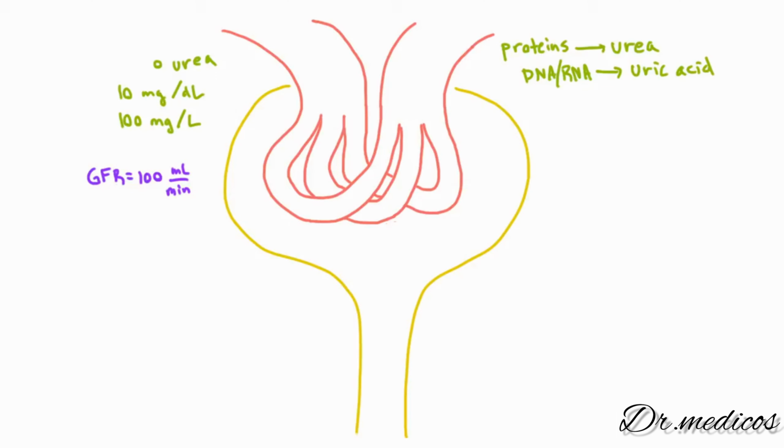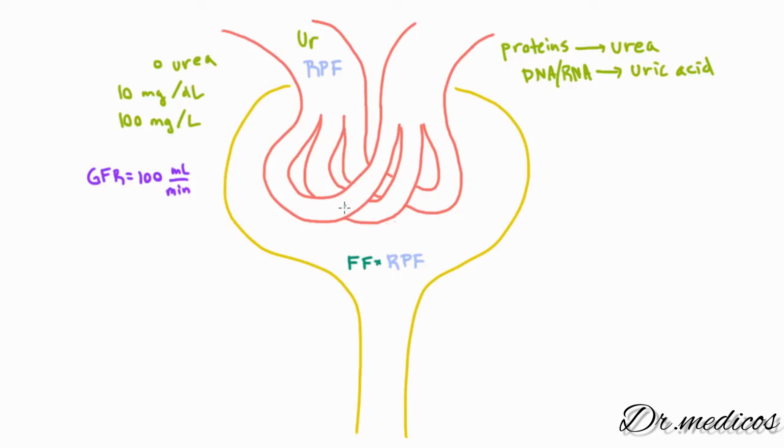And this ends up actually being quite easy to calculate. And the reason is that the concentration of urea out here is actually going to be equal to the concentration of urea here. The reason why that is you have some amount of urea here, and that's being carried in some amount of fluid that's coming down through the afferent arteriole. And then the amount of fluid that gets filtered here at the glomerulus is defined as the filtration fraction times the amount of fluid that was coming down through there.